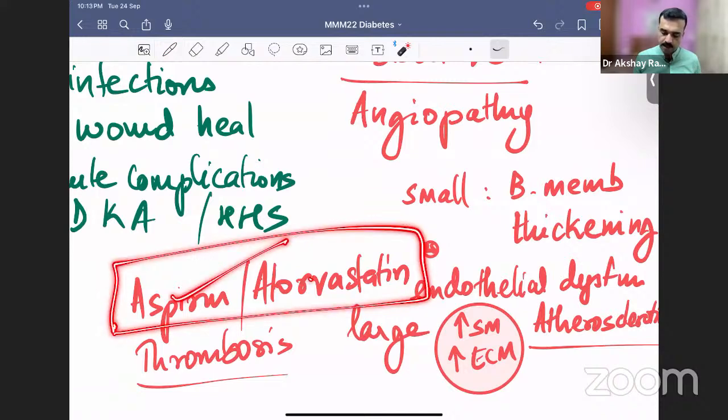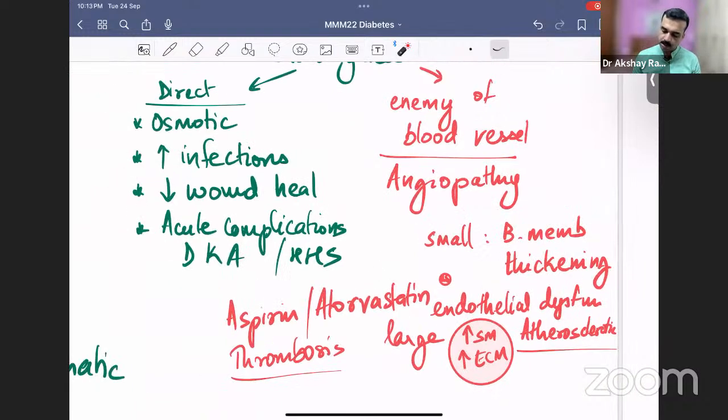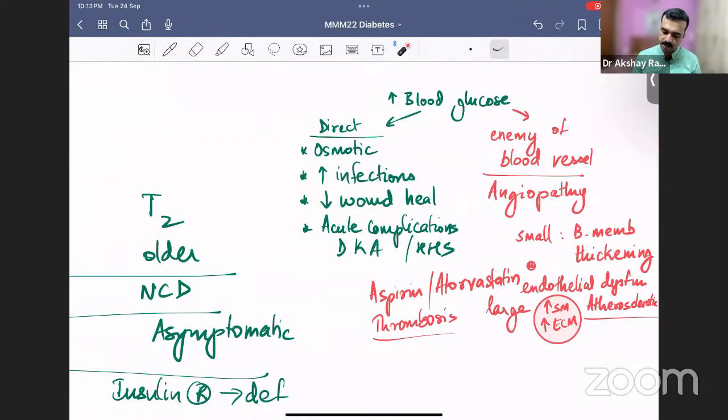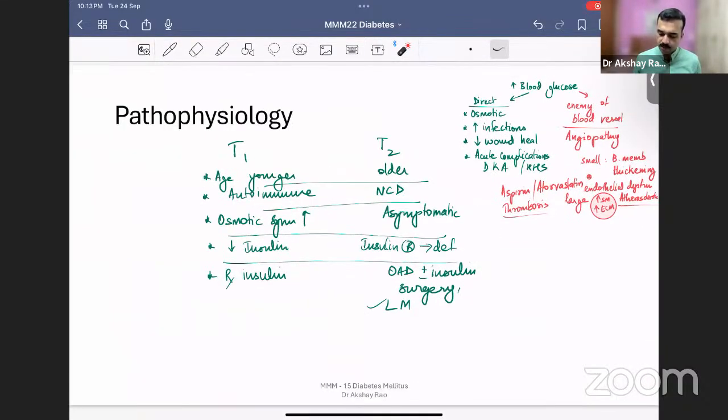So that's why we start them on antiplatelet and atorvastatin as primary prevention. Okay, so this is the other aspect of pathogenesis. It's going to cause trouble to the blood vessels, either micro or macro angiopathy, thereby leading to their complications. Okay, this is in simplest terms what diabetes will do.